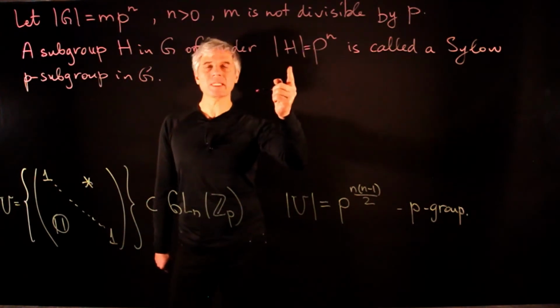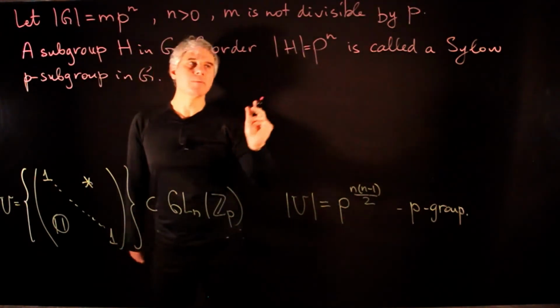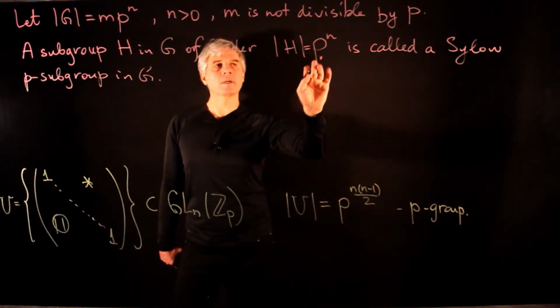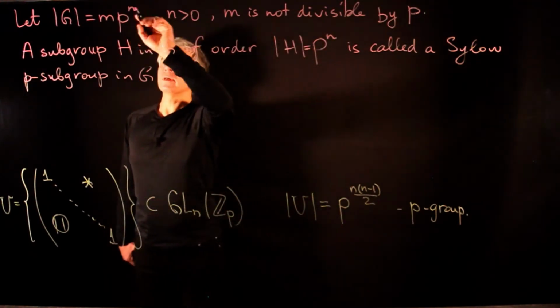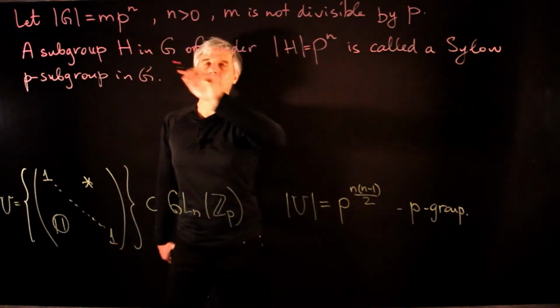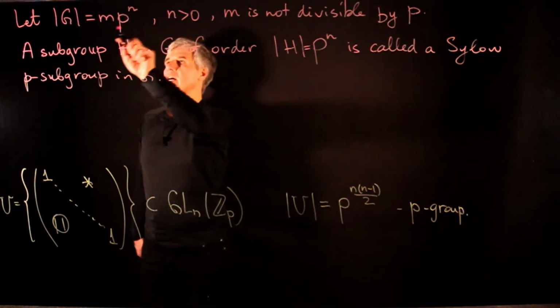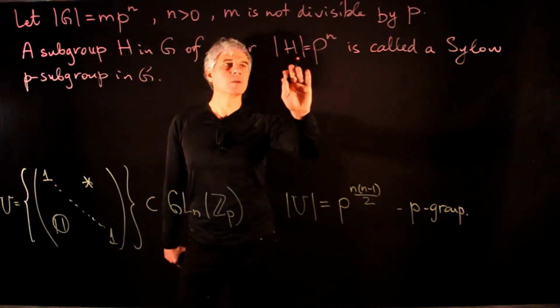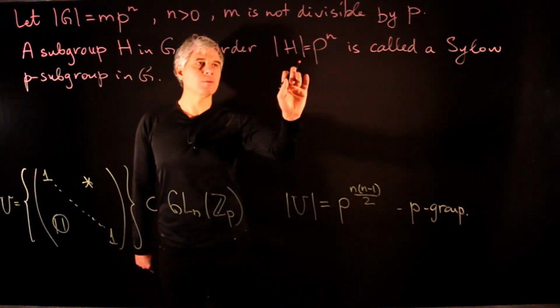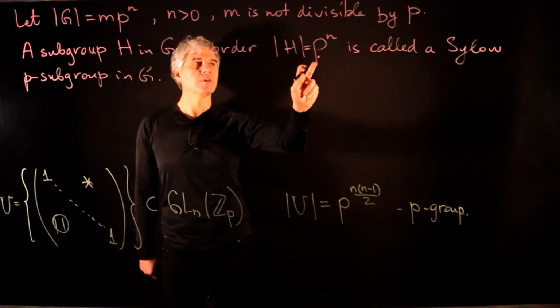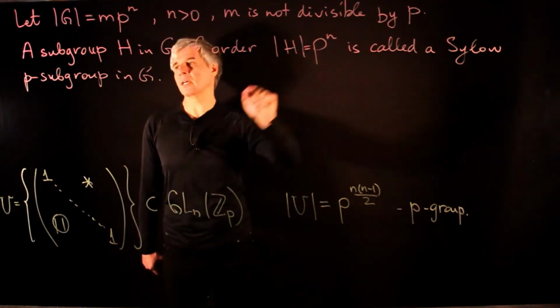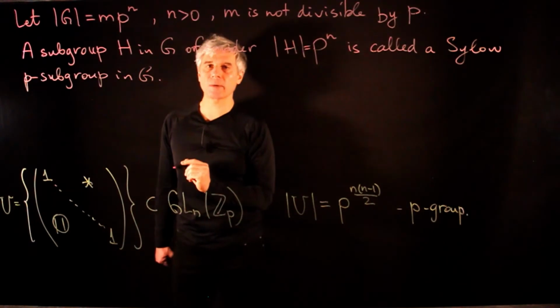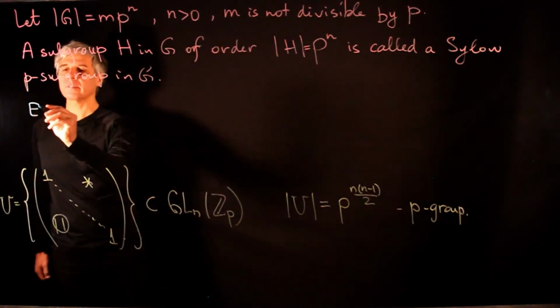So among p-subgroups in G, the maximal possible order would be p to the power n, because this is the largest power of p that's a divisor of the order of the group. So the subgroups of G that are p-groups and have this maximal possible order are called Sylow p-subgroups in G. Now let's consider the following example.